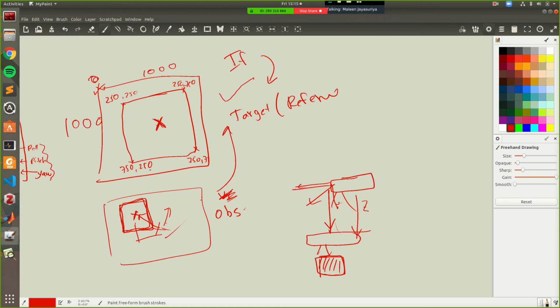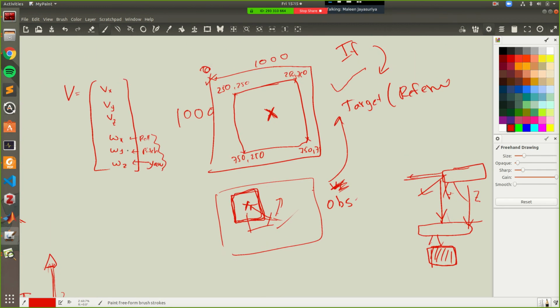Then we have to actually apply this velocity and move it there. But we are doing that at each step. We are at each step getting this new observation and then calculating this v and then implementing the v, and then again getting a new observation, calculating the v and implementing it until it reaches this target.